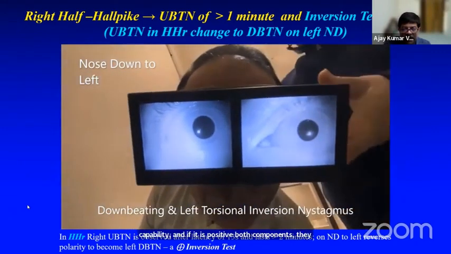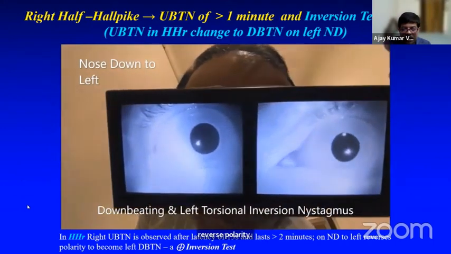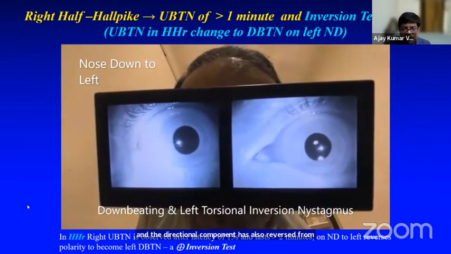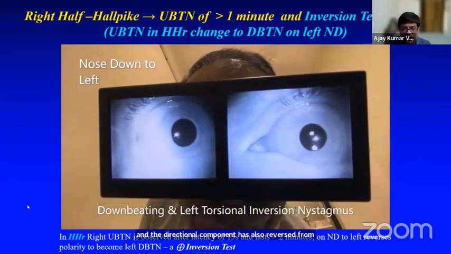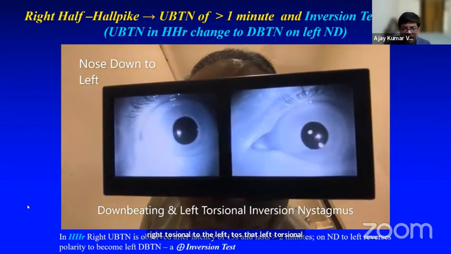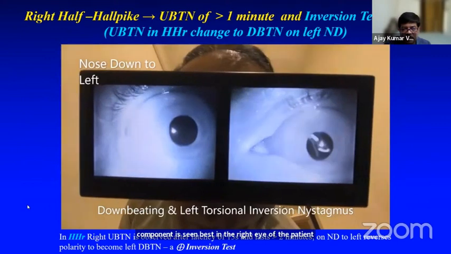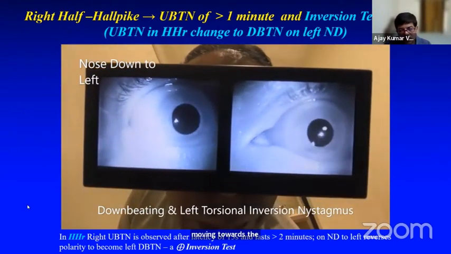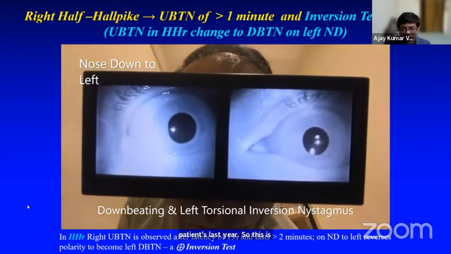The upbeating nystagmus now has become downbeating, and the torsional component has also reversed from right torsional to left torsional. That left torsional component is seen best in the right eye of the patient, where the upper poles of the eyes are seen to be moving towards the patient's left ear. So this is a cupulolithiasis of the posterior semicircular canal.